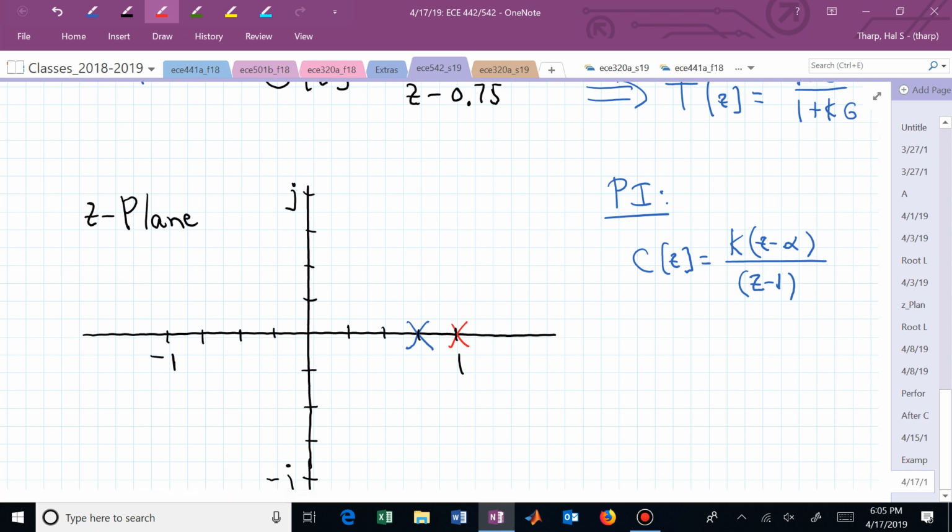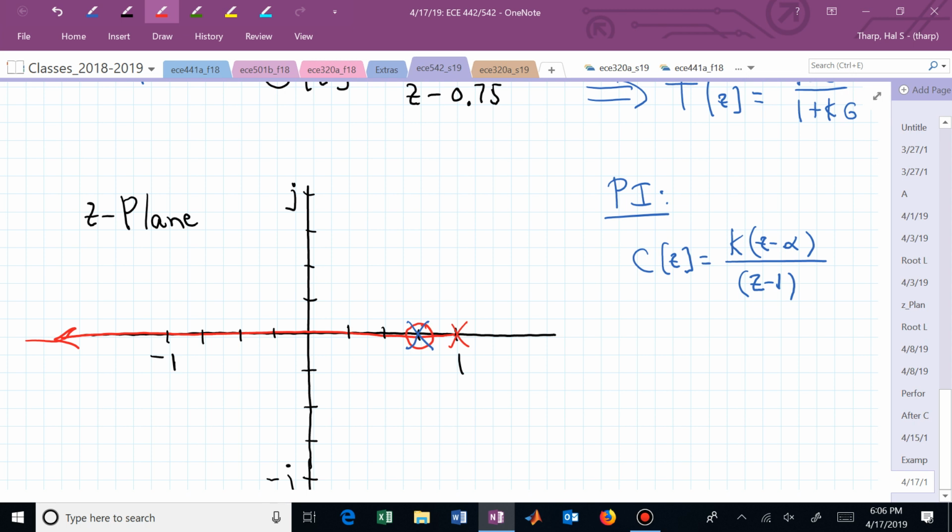To simplify your design on the final, you might just say, I'm going to cancel that pole. And now I have basically what I had before, except now I have even more room to deal with inside the unit circle. I've picked up a quarter of a unit inside the unit circle, and what else?